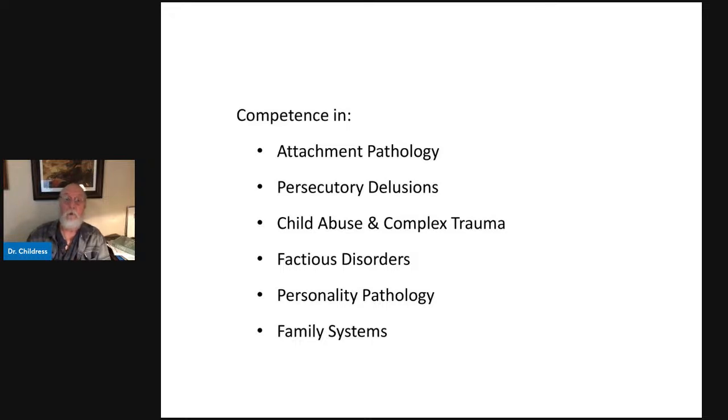And then you need competence in child abuse and complex trauma, since this is an assessment for child abuse one way or the other. And it's potentially a false, factitious child abuse, created by the allied parent, and a factitious attachment pathology created by the allied parent.